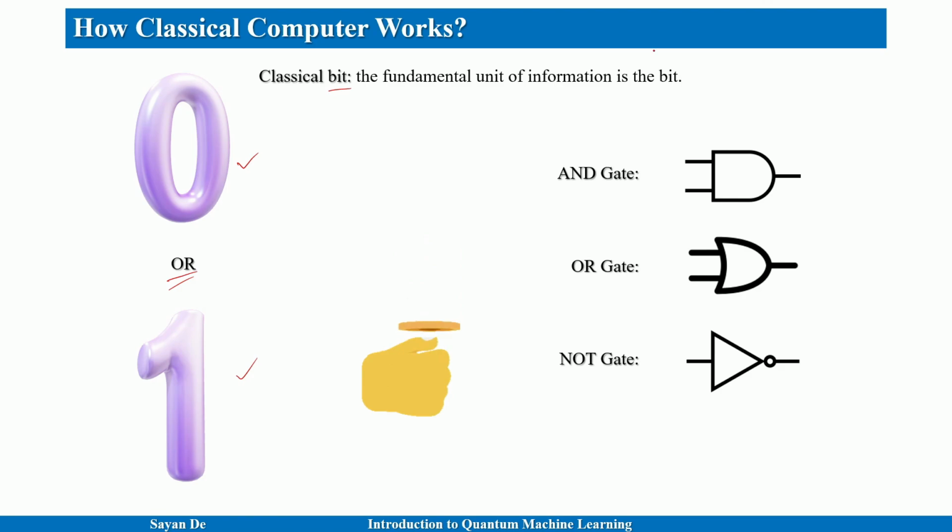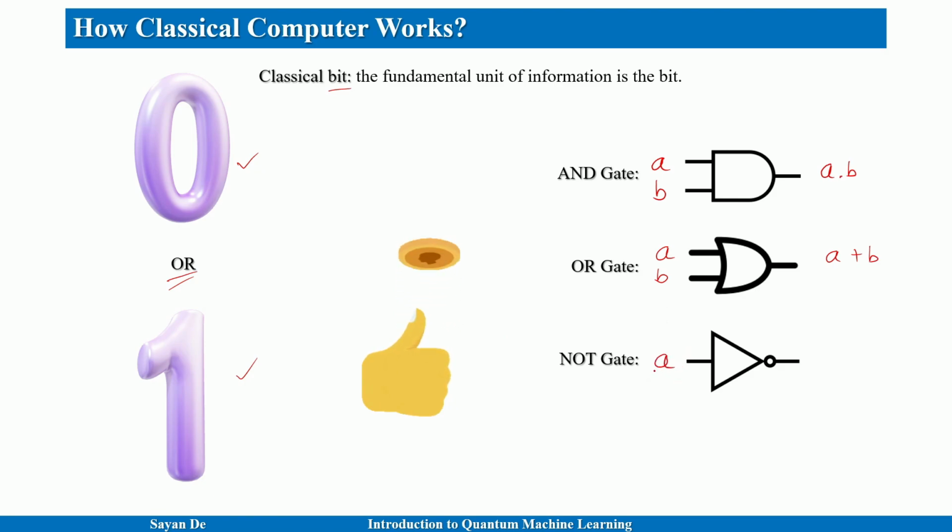For example, if I take an AND gate, maybe I have A and B here. So the output will be A and B. In an OR gate, if I have A and B as input, I'll be having A or B, right? In a NOT gate, you can see that it's a 1-bit gate.